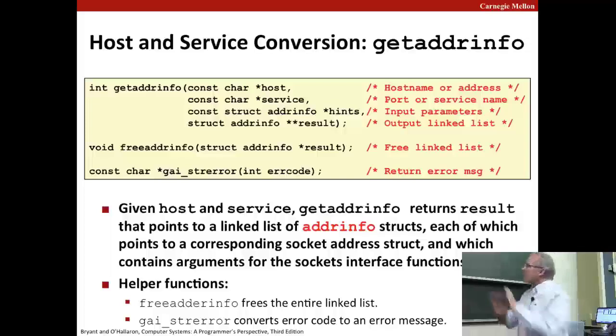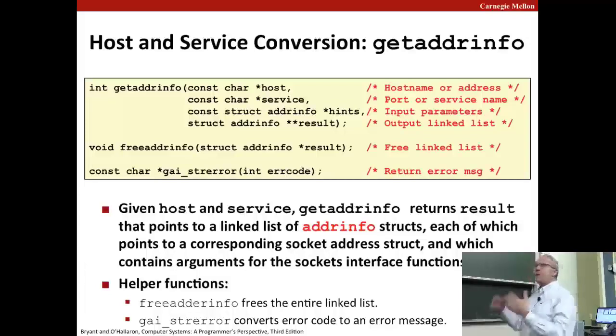The hints is something that you're passing in, and it's basically where you fill in a small amount of a fairly large body of information about what specifically you're looking for in this request. Are you looking for IPv6 information? Are you looking for IPv4? And so forth.